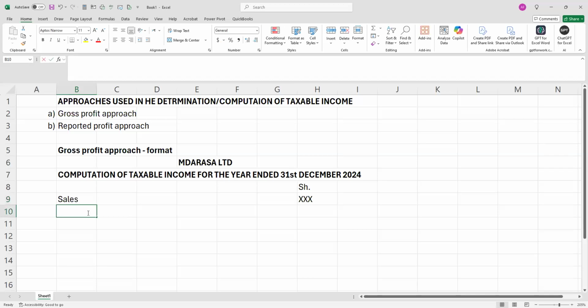We less our cost of sales, so that at the end of the day, we will achieve our gross profit. So this will give us our gross profit, and this will be our starting point.